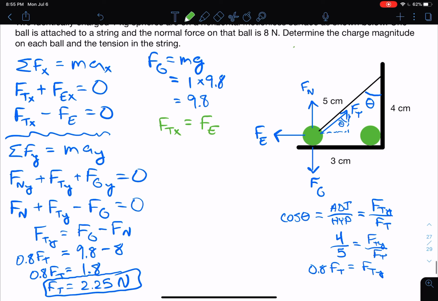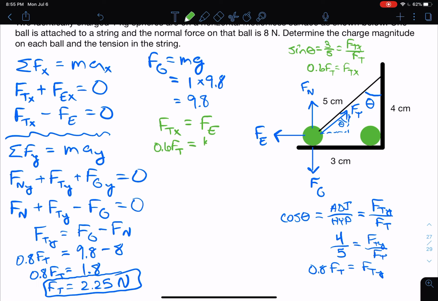And so that means sine of theta is going to be the opposite, which is 3 over 5. That has to equal FTx over FT. And so if I solve for that, that's 0.6 FT equals FTx. So this is 0.6 times FT.